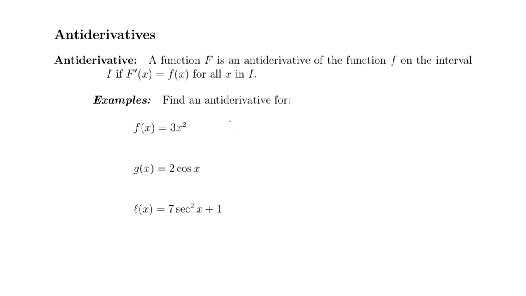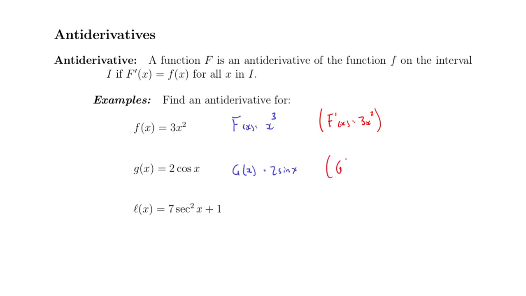All right, so hopefully, my guess is that you probably got something like this. Capital F is x cubed, and the reason is because the derivative of that thing is 3x squared by the power rule. And we could look at this and say capital G of x is probably 2 sine x.